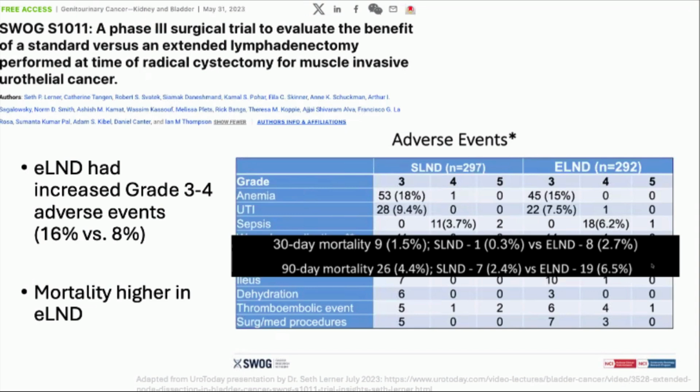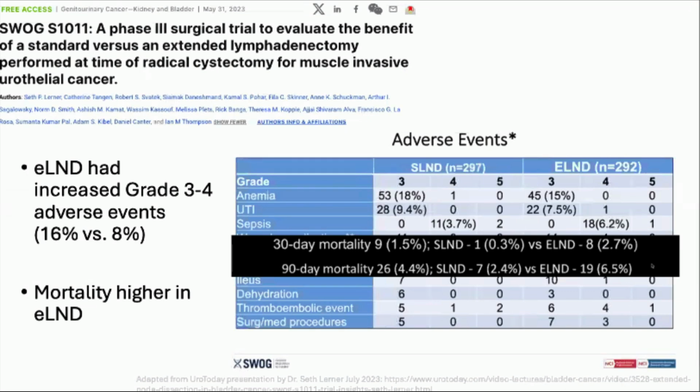They did say, however, that in the extended arm, there were 6 patients who actually progressed from their disease. And because they did not specify that this is all-cause mortality, not cancer-specific mortality, it's really hard to tell if this is as a result of complications from the surgery versus just natural progression of disease.